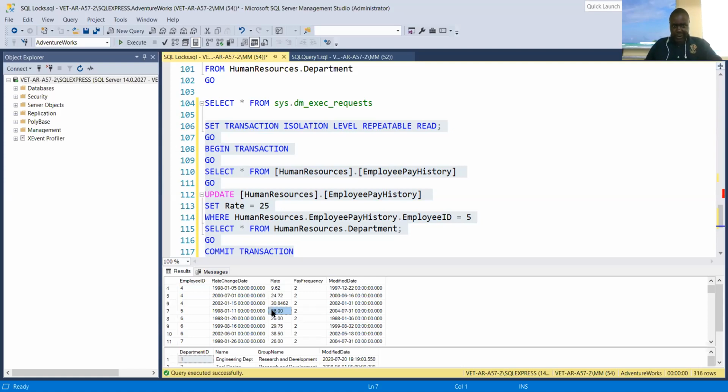Why do I have 26 instead of 25? Six instead of 5.